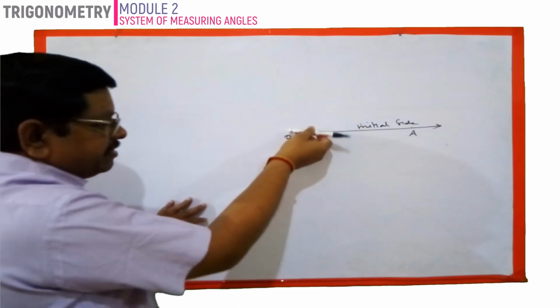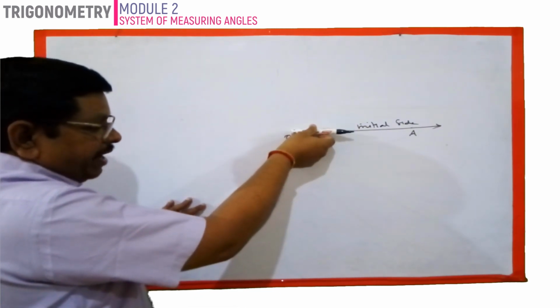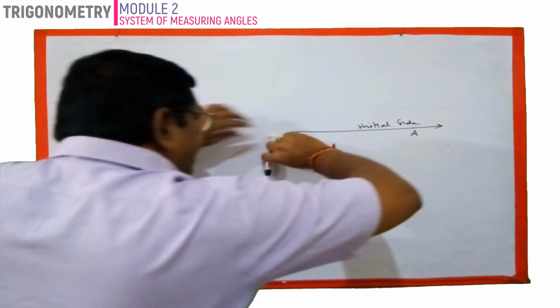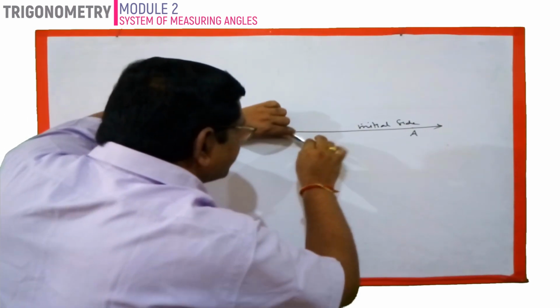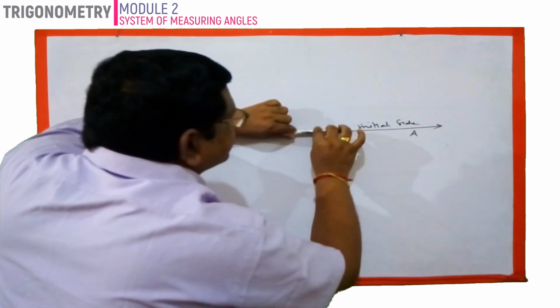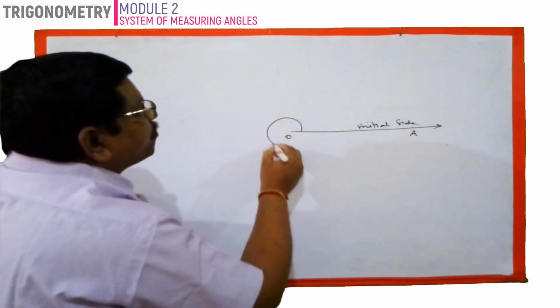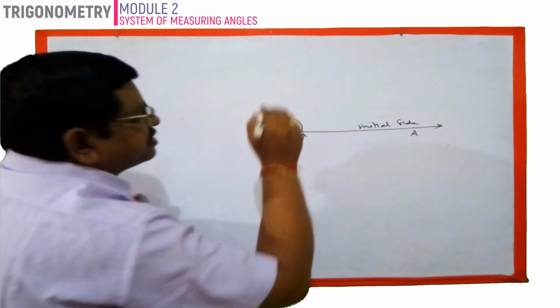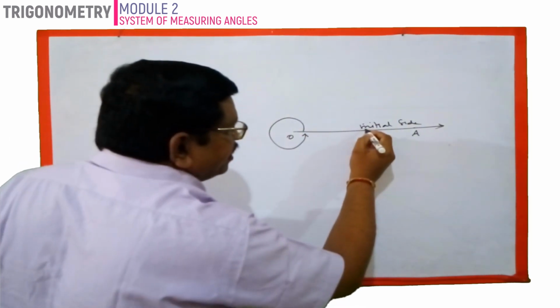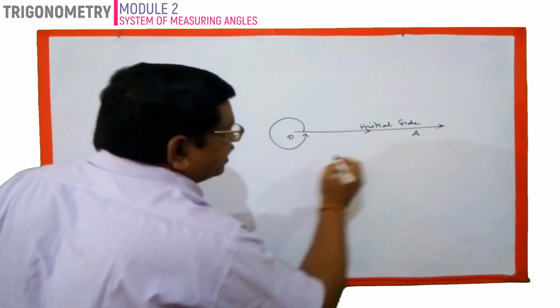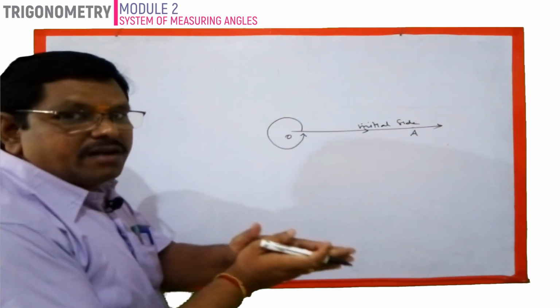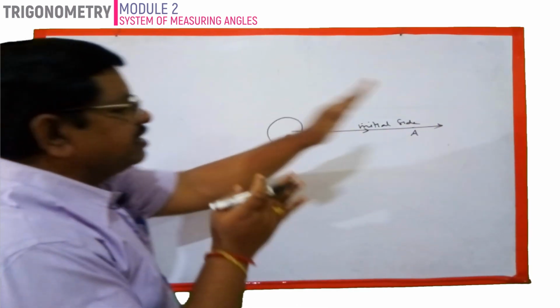That means it makes one complete rotation and reaches back to the same initial side. So the terminal side is placed on the initial side itself.